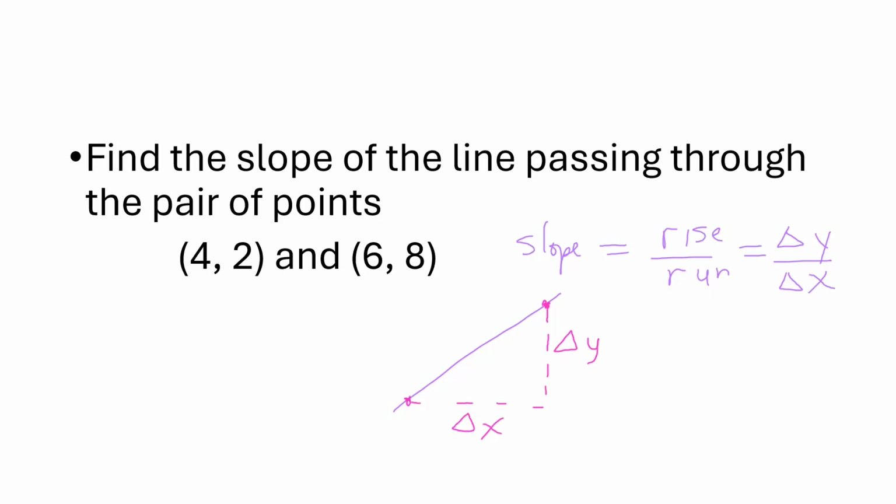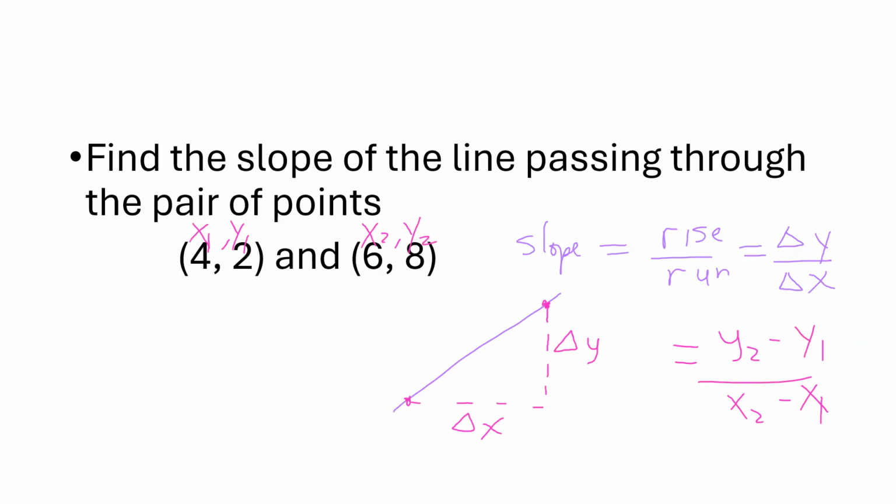The formula to do that is y2 minus y1 over x2 minus x1. So y2 minus y1 is my change in y, and then x2 minus x1 is my change in x. So I'm going to label my 2 points as (x1, y1) and then (x2, y2).